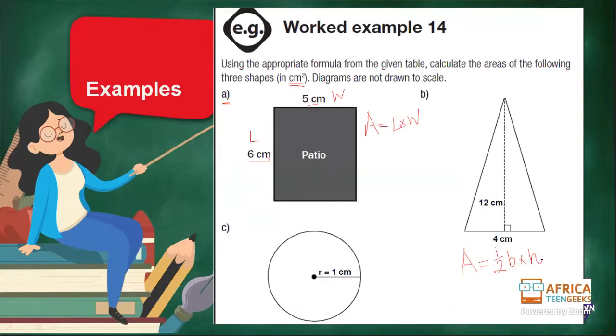So I need you guys to calculate the area of the triangle. You can also see your answer.